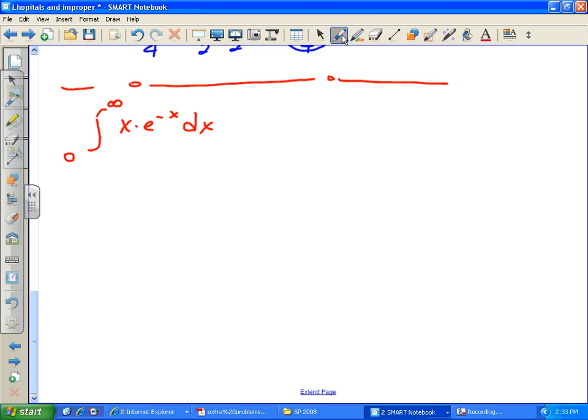So we're going to begin by applying integration by parts. So let u be equal to x and dv be equal to e to the negative x, so that du is dx and v is negative 1 times e to the negative x.